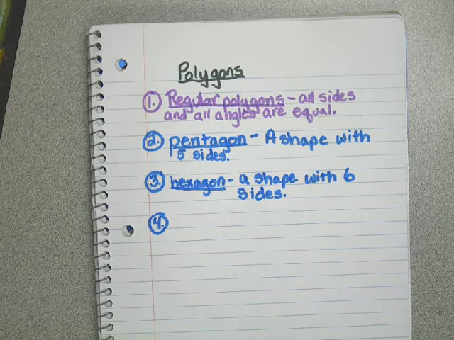So 5, 6. Does anybody know the name of a 7-sided figure?